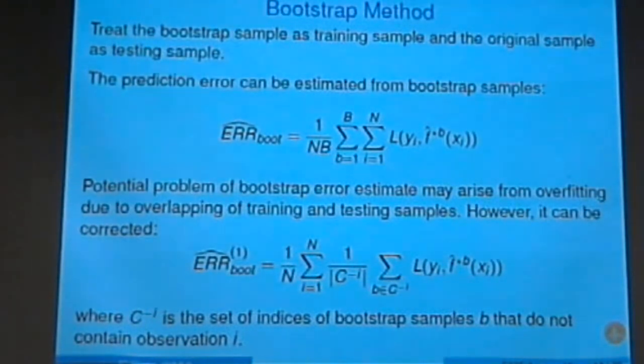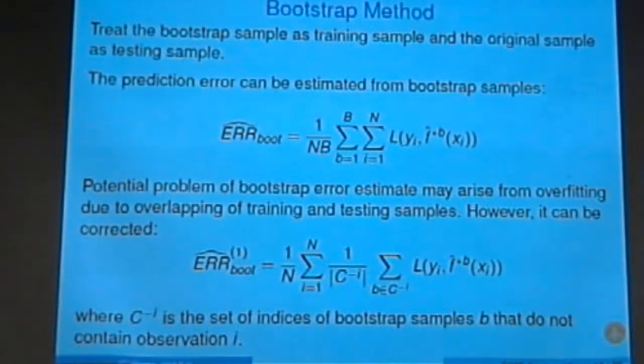So you take a bootstrap sample from your data set, and then you train using the bootstrap sample. There's a potential problem: a bootstrap error estimate may arise from overfitting.